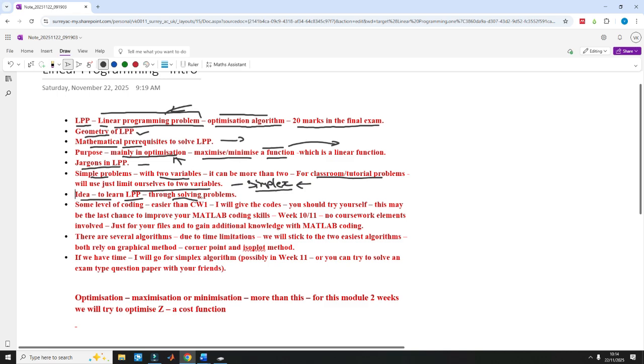As part of LPP, I will give you some MATLAB scripts, which I will post on the learning platform. These codes you should try yourself. I'm not going to explain these codes line by line because these are built on some inbuilt functions available within MATLAB.